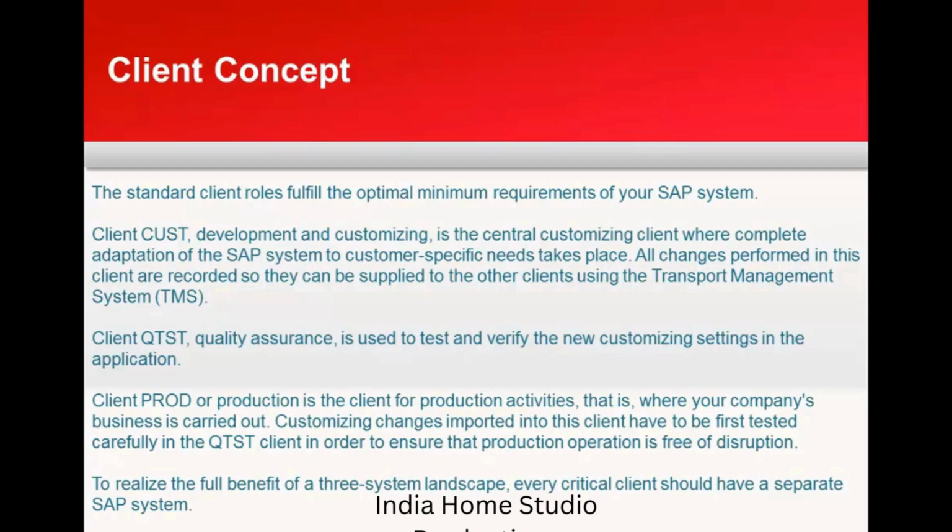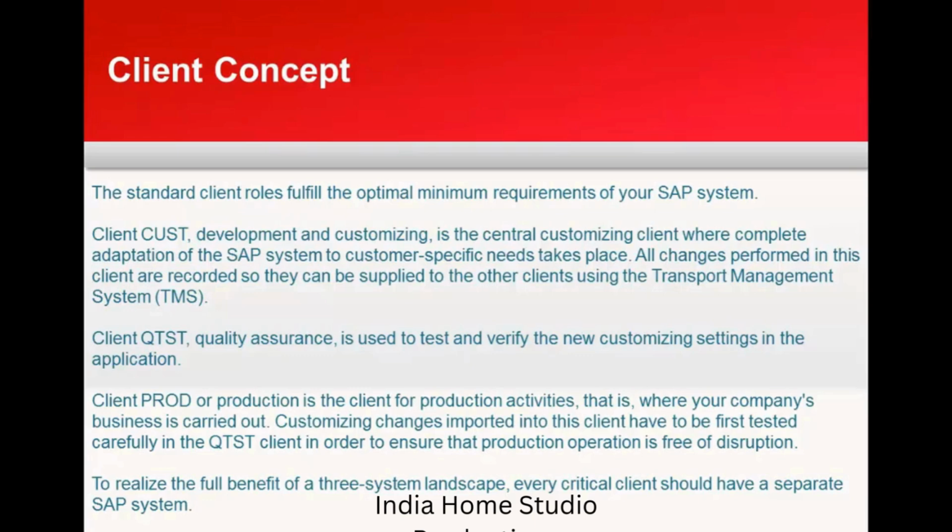All changes performed in the client are recorded, so they can be supplied to the other clients using the transport management system. Client QTST, that is quality assurance, is used to test and verify the new customizing settings in the application. Client PROD, or production, is the client for production activities, that is where your company's business is carried out.